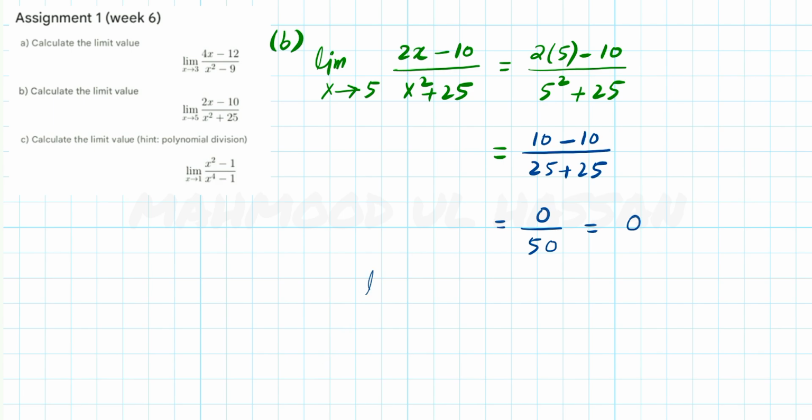That is, limit x approaches to 5, 2x minus 10 upon x squared plus 25 is 0.